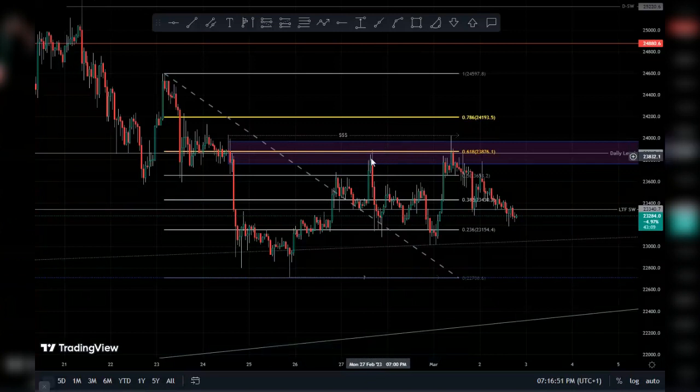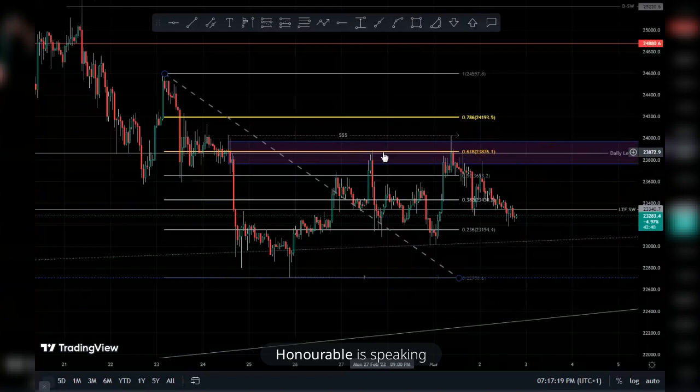This particular short setup I took here, you saw the confluence. One, it was a daily level that was flipped to resistance, a supply zone. Then we add this level in line with the middle of the supply zone, which is the equilibrium. Normally, when we want to take entry in a supply or demand zone, we use the equilibrium, right?